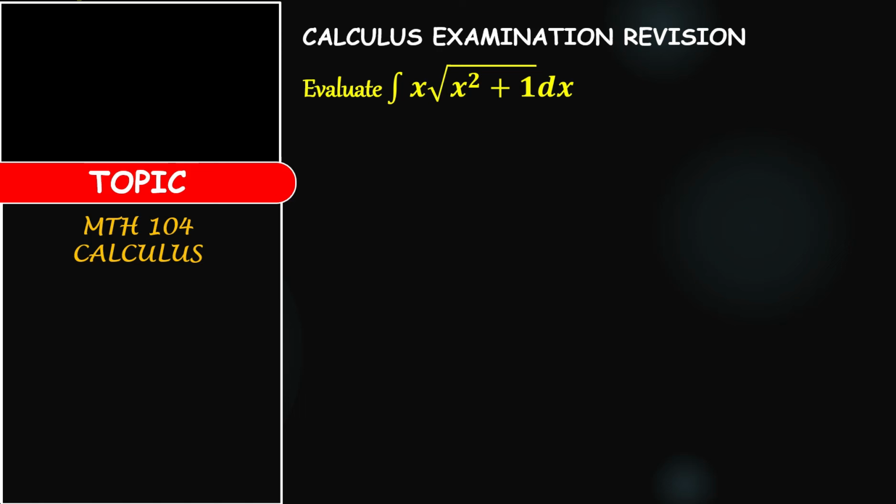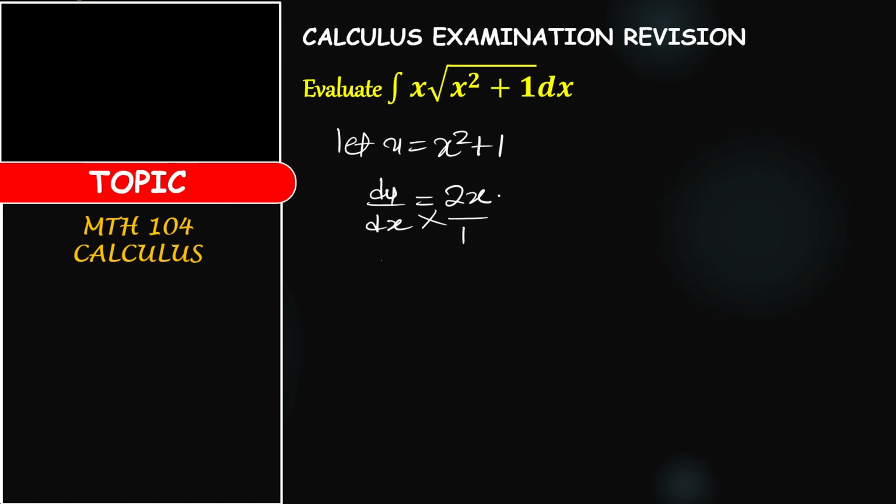The first thing you do is you say let u be equal to everything in the bracket. So u will be equal to s squared plus 1. So it means your du/dx is equal to what? When you differentiate this, it's going to give us 2s, right? So that your dx, now cross multiply.